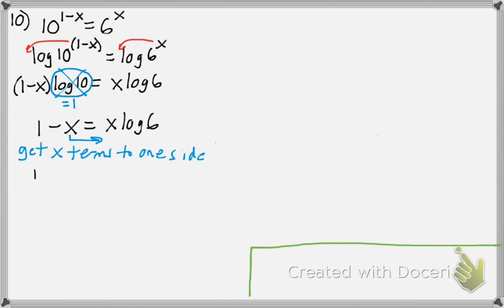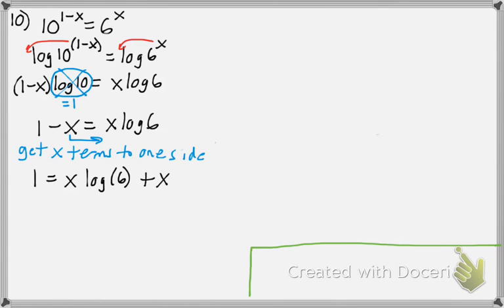So I have 1 is equal to x times log of 6, and to avoid confusion about where the inside of the logarithm starts and ends, I'm going to put the parentheses around the 6 and then plus x. So this is really to signify that 6 is on the inside of the logarithm and that plus x is on the outside of the logarithm.